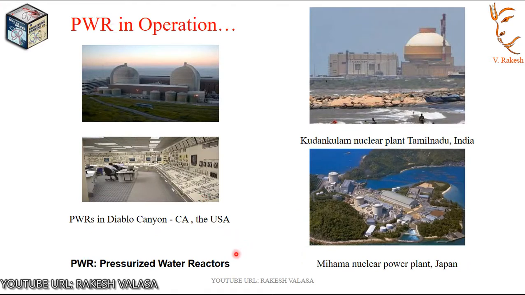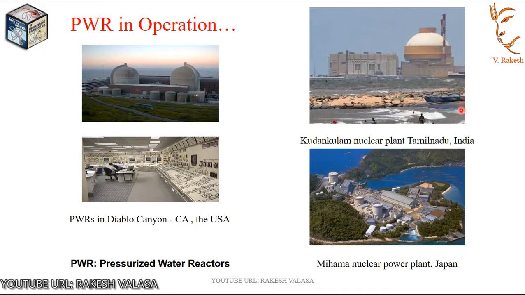Now let us see a few pressurized water reactors in the world. You can see these two figures, that is PWRs in the Diablo Canyon, located in USA. Next, see the Kudankulam Nuclear Power Plant, Tamil Nadu, India, which began the nuclear fission process.